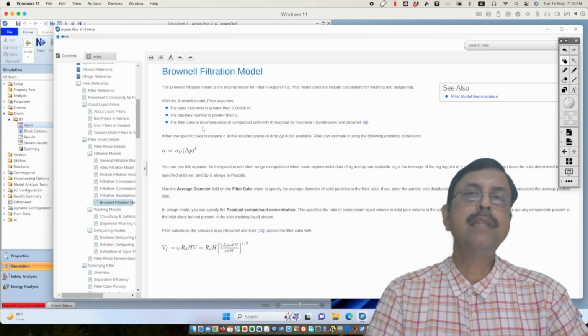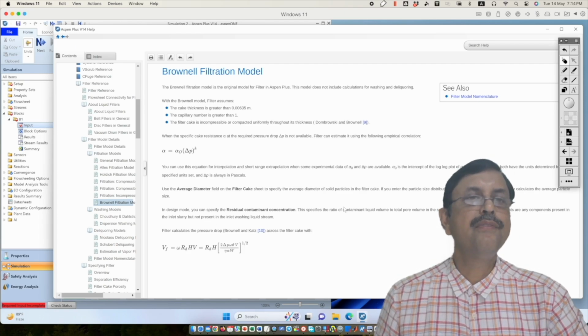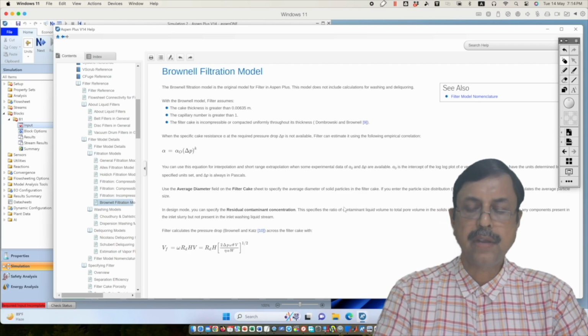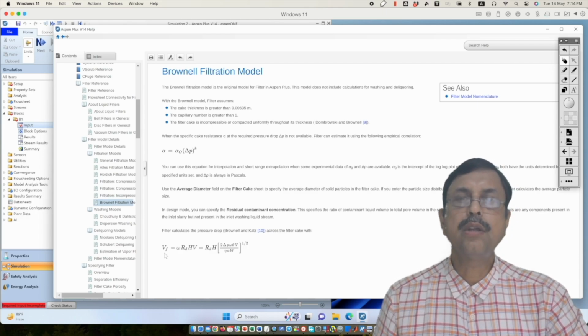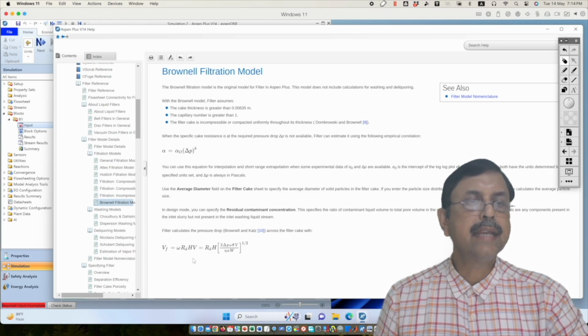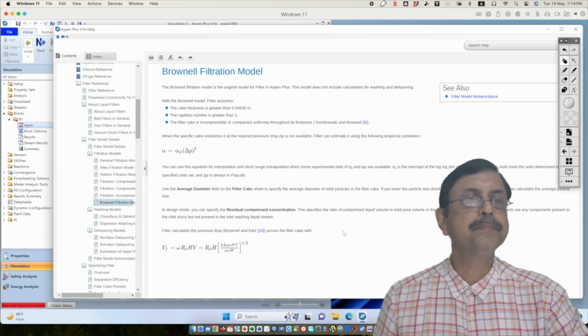We'll come to incompressible and compressible cakes a bit later. For the time being, it is enough for us to understand the volumetric flow rate of filtrate that can be calculated from this equation. In fact, Aspen Plus uses this equation to calculate through the Brownell filtration model.